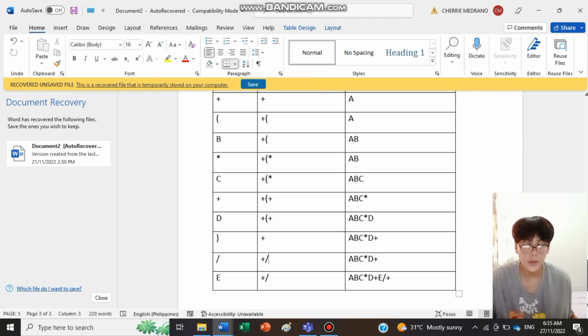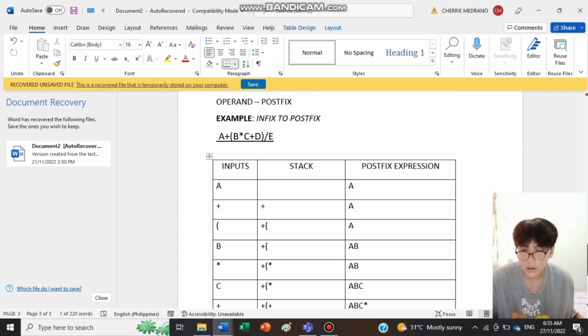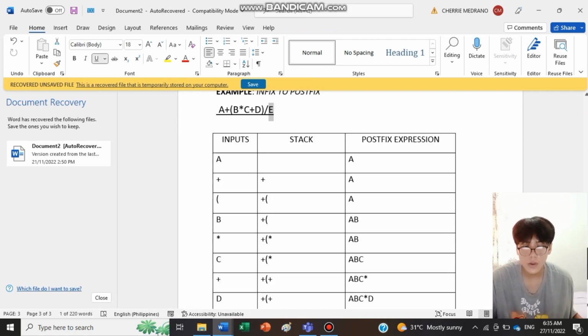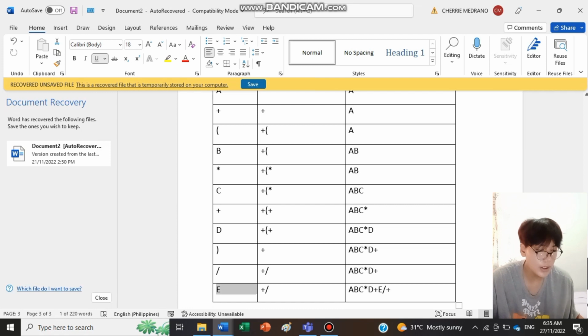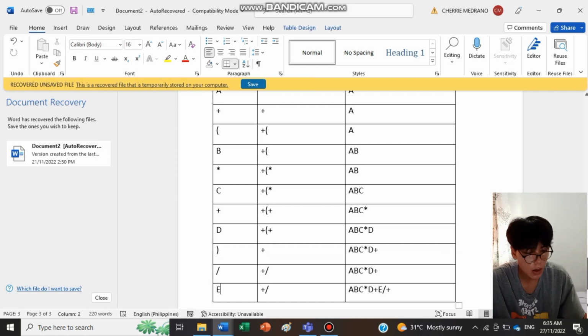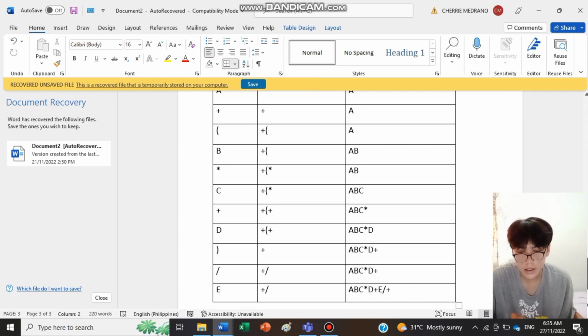For our postfix string, we still have A, B, C, times, D, plus. And lastly is the E operand. E is an operand, so we're going to post it into our postfix string or postfix expression. So now we have A, B, C, times, D, plus, E.